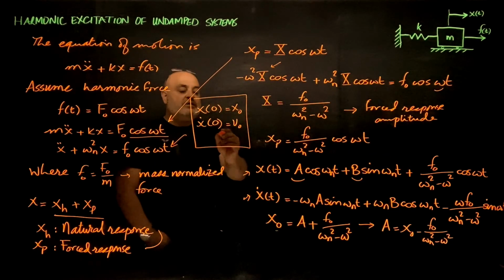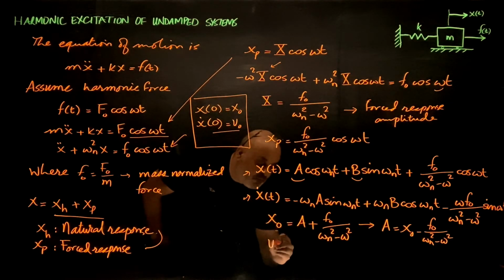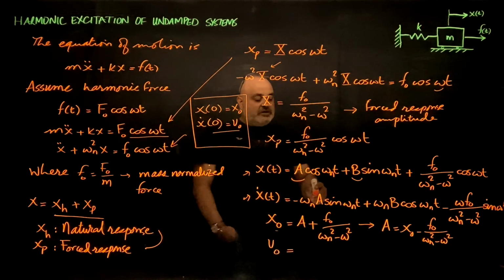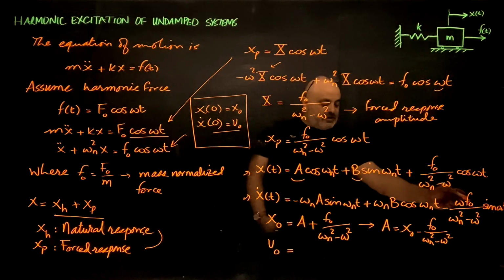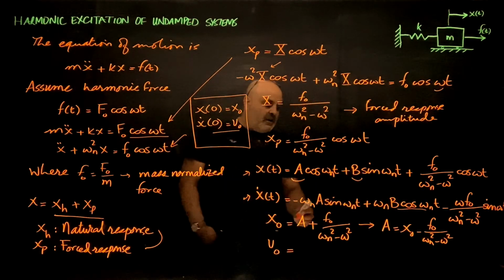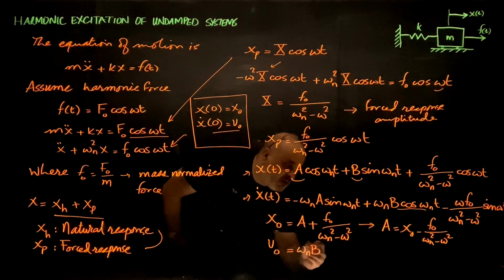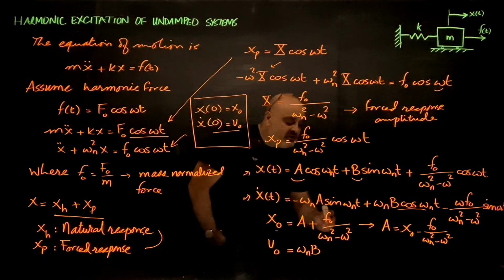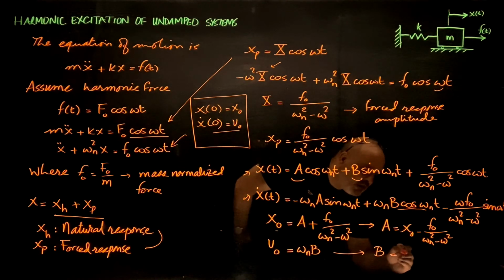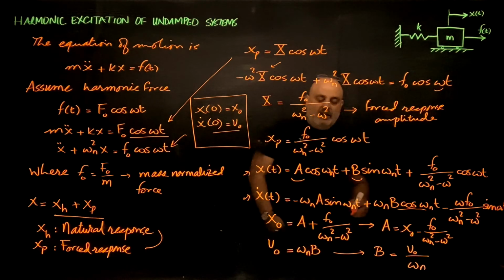And for the second initial condition, v0 is, sine of 0 is 0, sine of 0 is 0, cosine of 0 is 1, so I will have omega n B, which means that B is v0 divided by omega n.